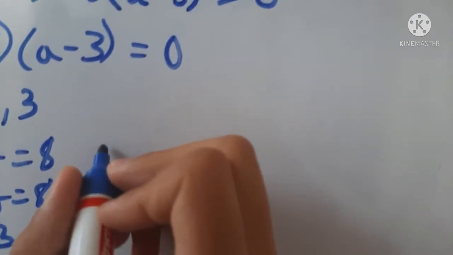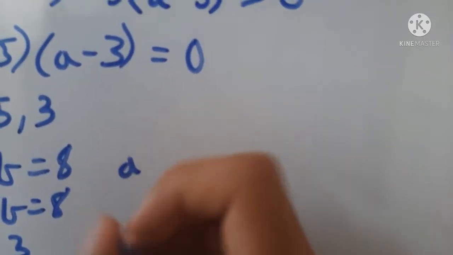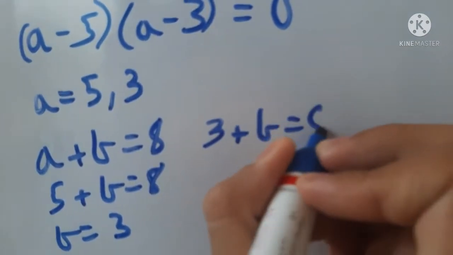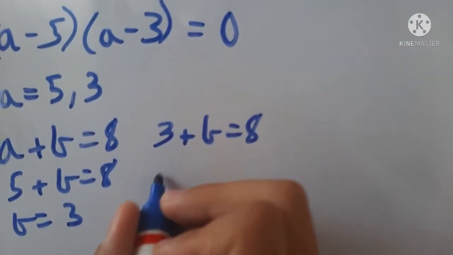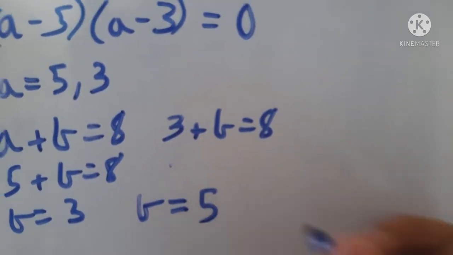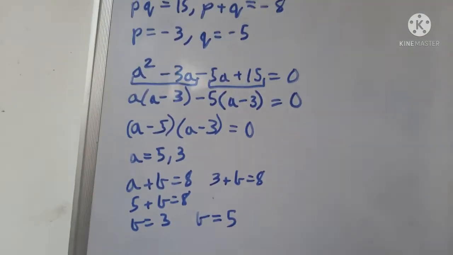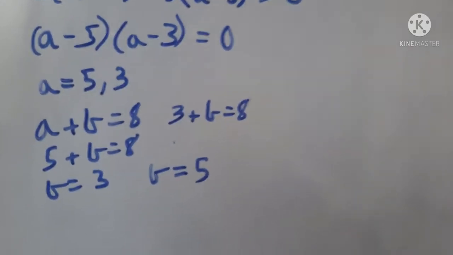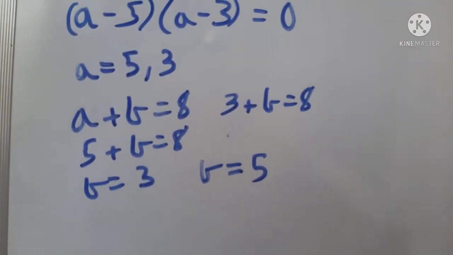And if 3 plus b is 8, we get b as 5. These are interchangeable values, which is not that tough to see.